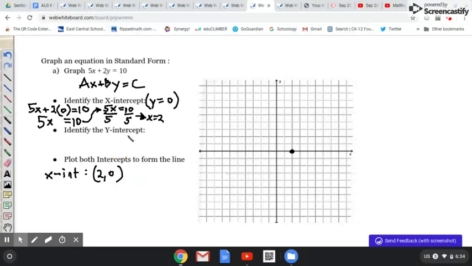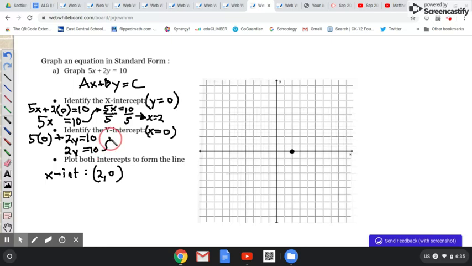We're going to do the same thing to find the y-intercept. The y-intercept has to be on the y-axis, so that tells us that for this point, x is going to be 0. So we're going to take the 0 for x, plug it in here, and solve for the value of y when x is 0. And the same thing's going to happen. 5 times 0 is 0, so that term goes away, and we end up with 2y equals 10.